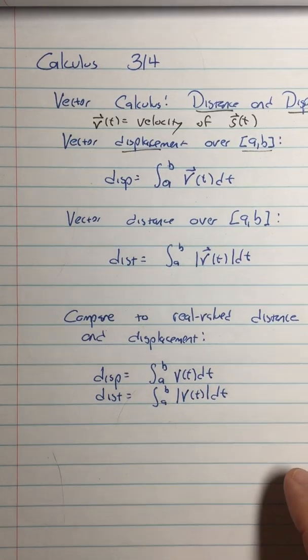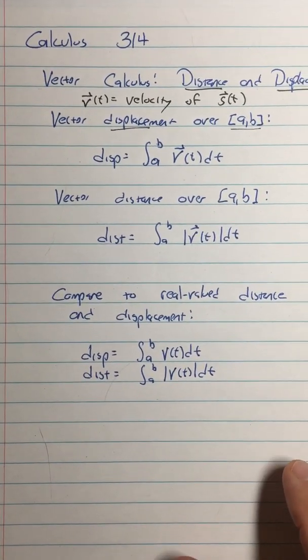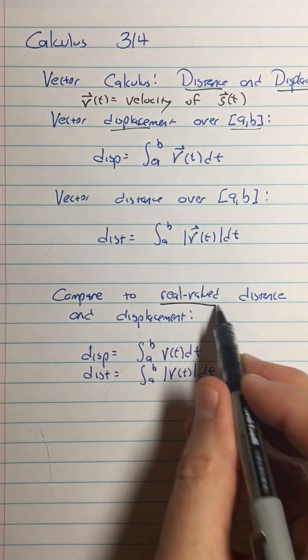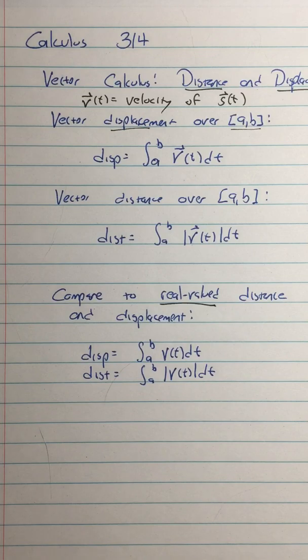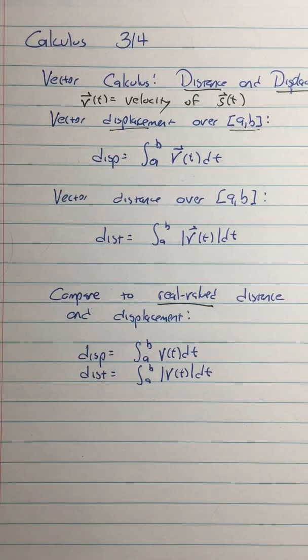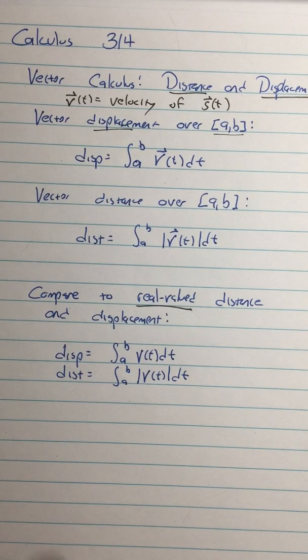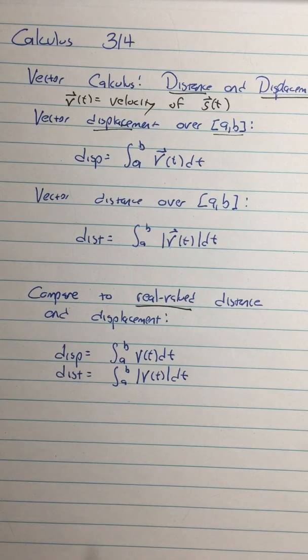That's just like when we did distance and displacement back when we first did integrals. We did distance and displacement of real valued functions. All our functions at that time were real numbers. Vectors are not real numbers. Their components are real numbers. They're made up of real numbers, but vectors are not in fact real numbers. They're not numbers at all. They're vectors, so they have a whole different structure.